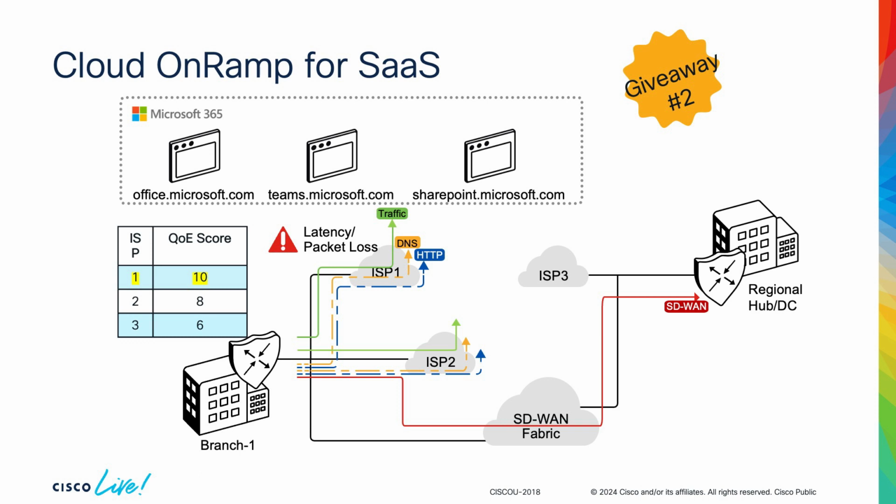Now, I have a question for you, and this is for the next giveaway. If you wanted to reach your cloud application, and both of these service providers in this diagram are not giving you good QoE scores, for example service providers 1 and 2 are giving you 5s, and then service provider 3 is giving you a 9, which, if you follow the path, is not directly connected to your branch 1 router.